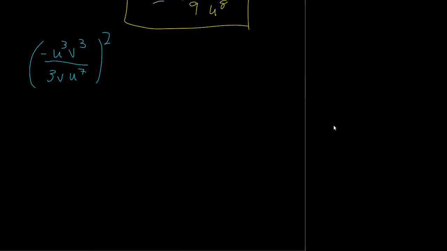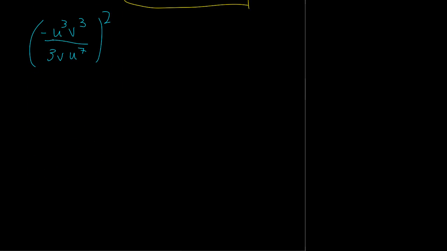And I'm going to start inside the parentheses. So I have a big power of u downstairs and a smaller power of u upstairs. So I'll do my subtraction. 7, and I'll leave the negative and the 3 out here. So 7 minus 3 is u to the 4th, and 3 minus 1 is v squared.